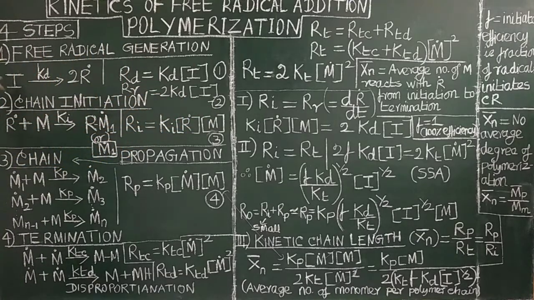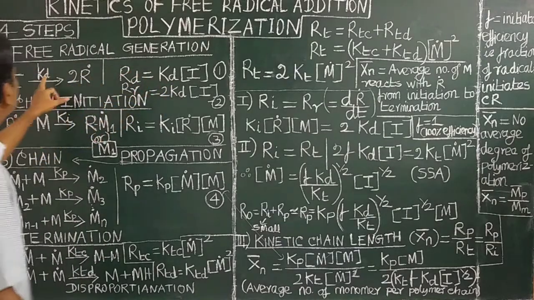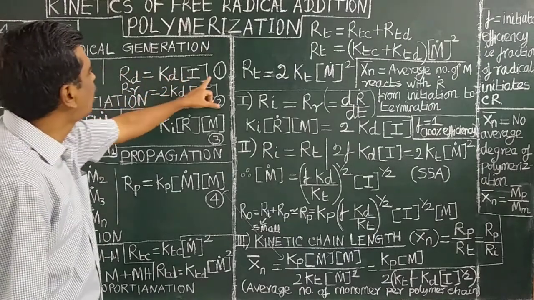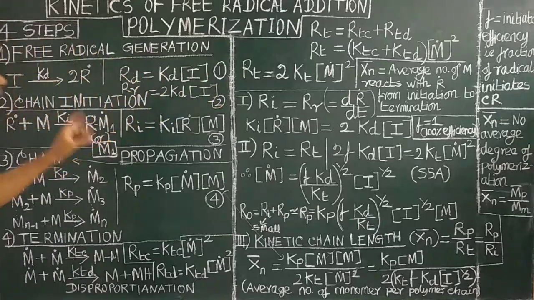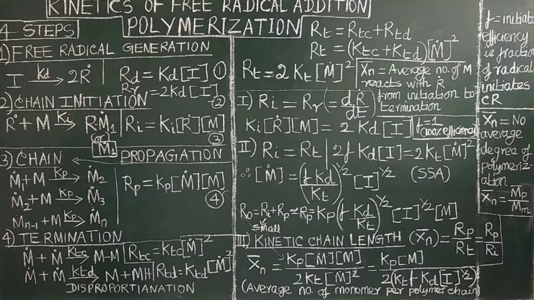In the first step, the free radicals are generated from the decomposition of initiator. Therefore, the rate of decomposition of initiator is equal to Kd into concentration of I, where Kd is the rate constant for the decomposition process.